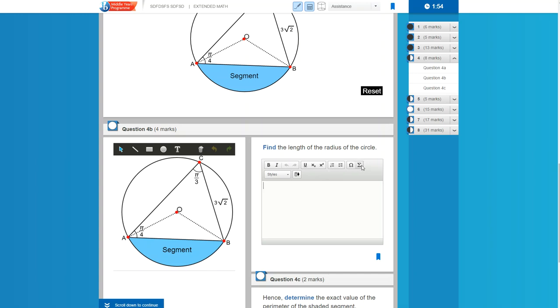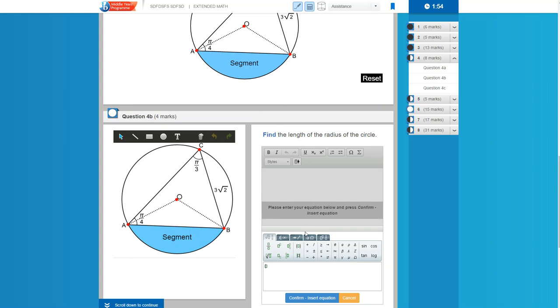So how am I going to label this angle properly? Do I have a symbol for it? Can anybody see a symbol for angle? I couldn't find it, so I just used a triangle.